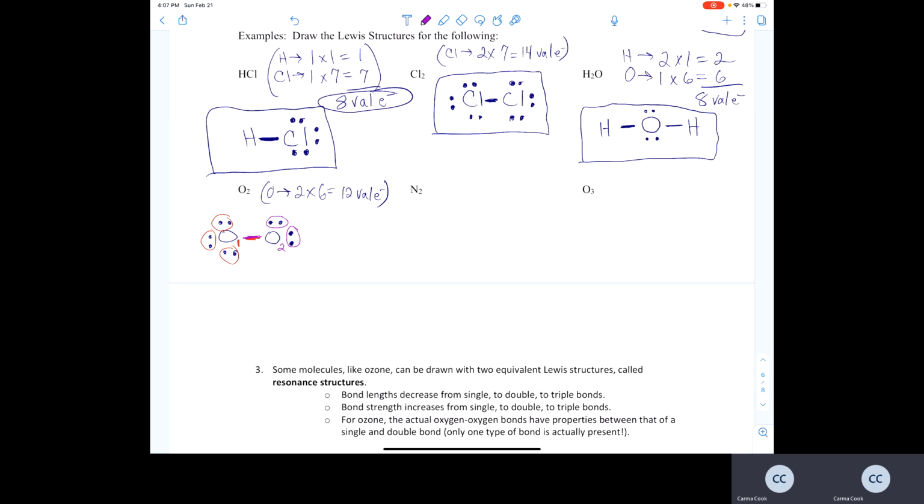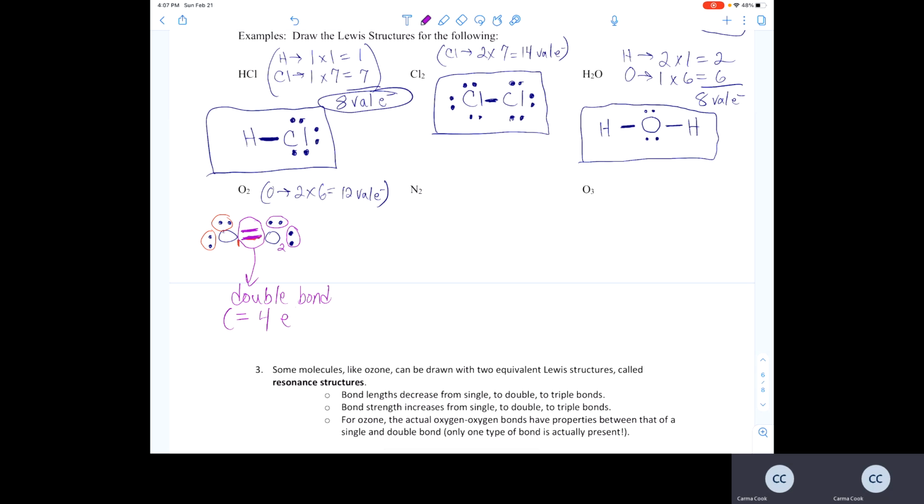So whenever the octet rule is not satisfied for one of the atoms, what you do is erase one of the pairs of electrons around one of the other atoms that is happy, and you replace it with a multiple bond between them. So now I've got 2 single bonds between the 2 oxygens. 2 single bonds combined is called a double bond.